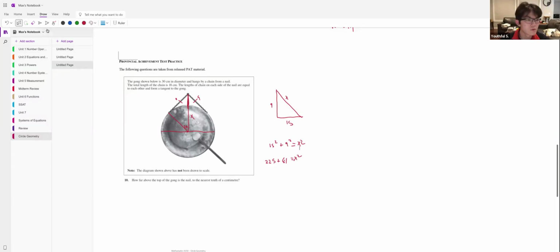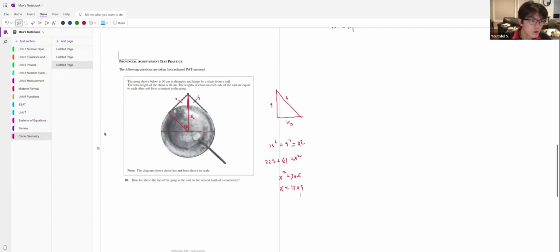So x squared is equal to 306. X is equal to the square root of that. The square root of 306, 17.45 or 49? 49. X is equal to 17.49.